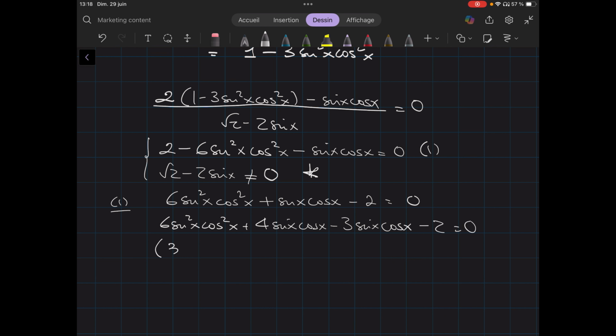Factor it out. Actually, I'm going to factor the 2 out from here. That will leave us with 3 sine x cos x plus 2. That's plus 4, so it should be -1.